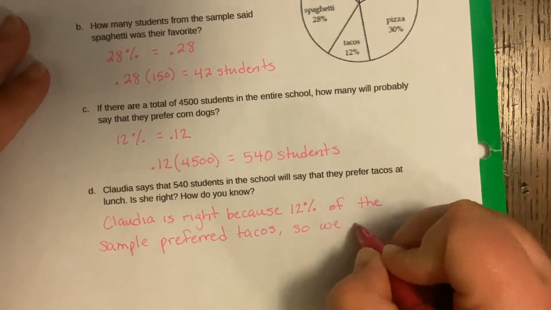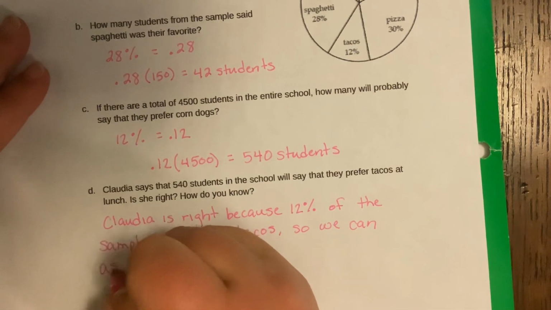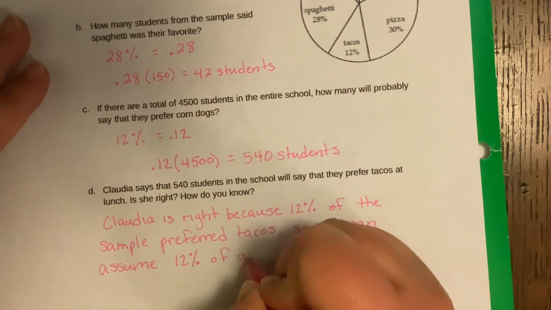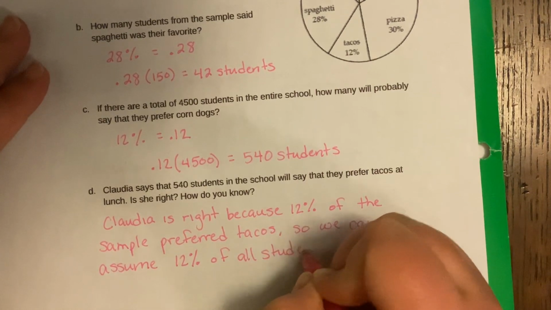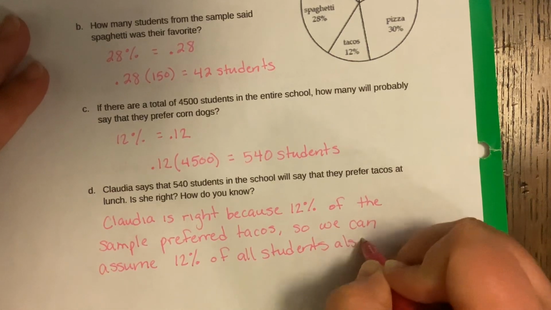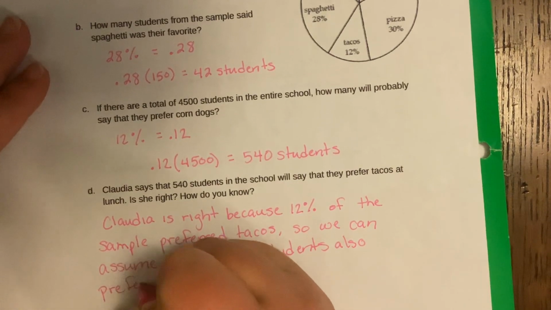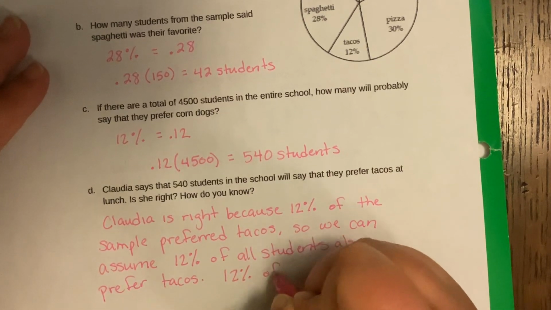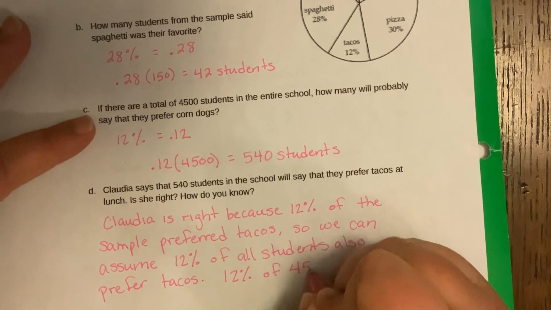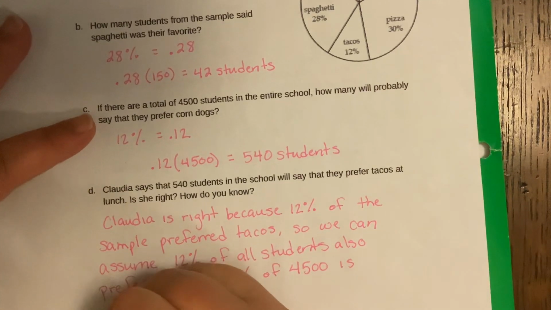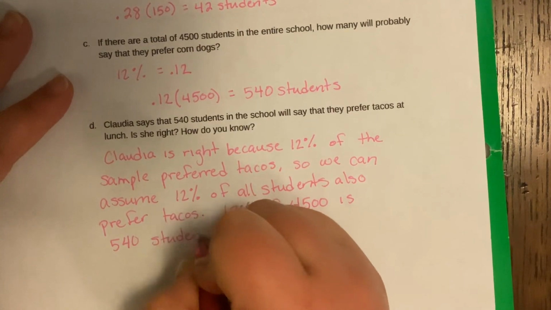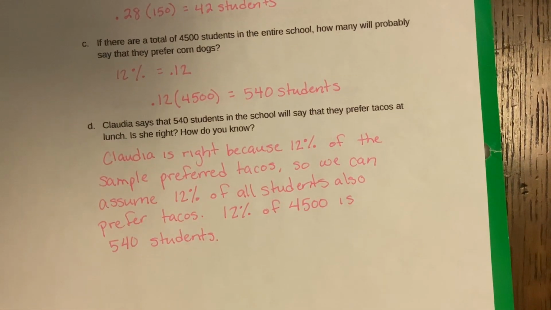So we can assume 12% of all students also prefer tacos. 12% of 4,500 is 540 students. And there's probably different ways that you could say that, but it's completely up to you. Okay? So that would be it. I know that Claudia is right.